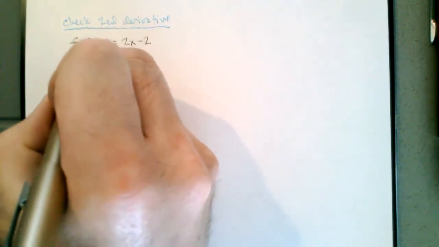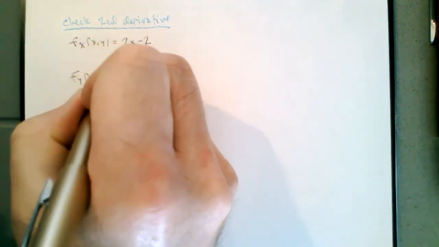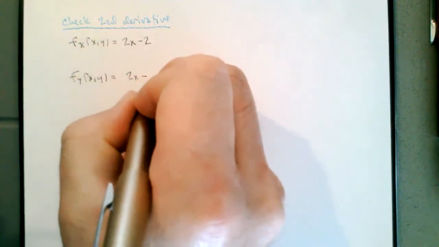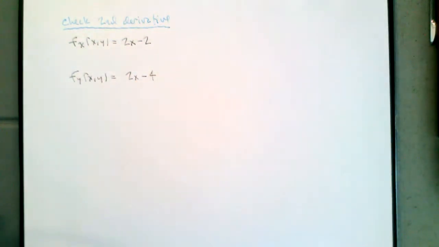But the problem is we have two derivatives. We've got fx at xy, which was 2x minus 2. And we had fy at xy, which is 2y minus 4. So the problem is we don't have a second derivative. We've got 4 second derivatives. So that's our new problem.